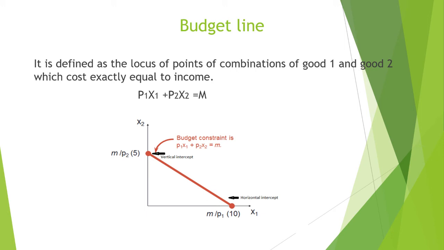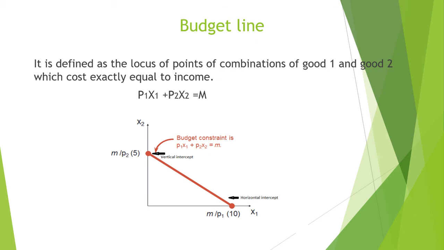In this graph, we represent good 1 on the x-axis and good 2 on the y-axis. Then the budget line is P1x1 + P2x2 = M. Then M/P1 is the horizontal intercept, the point where the budget line touches the x-axis, whereas M/P2 is the vertical intercept, the point where the budget line touches the y-axis.